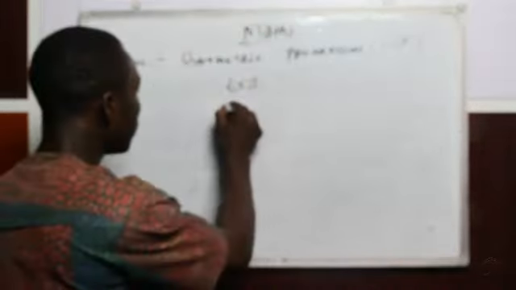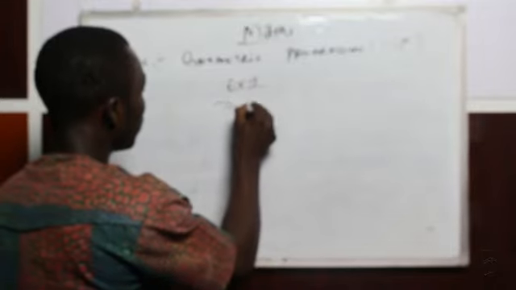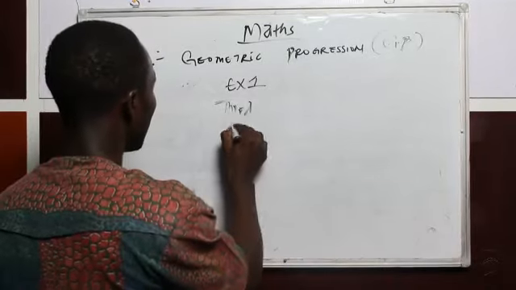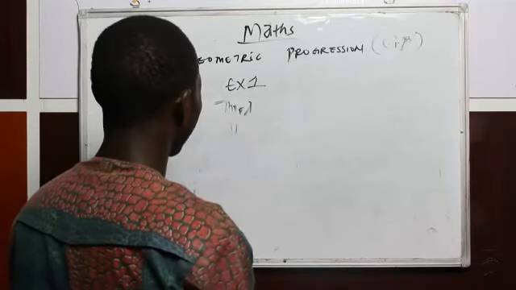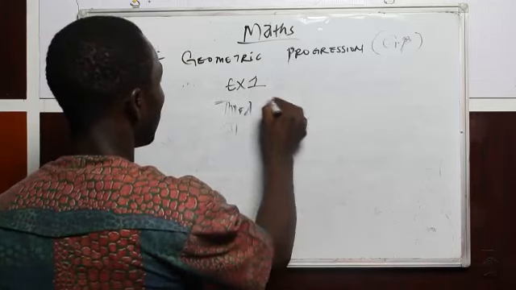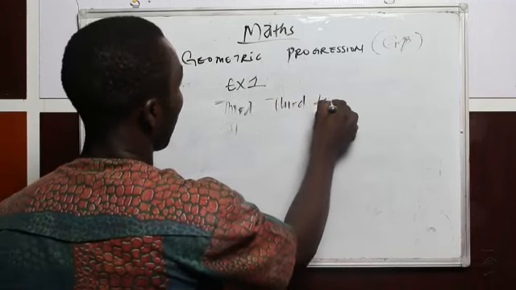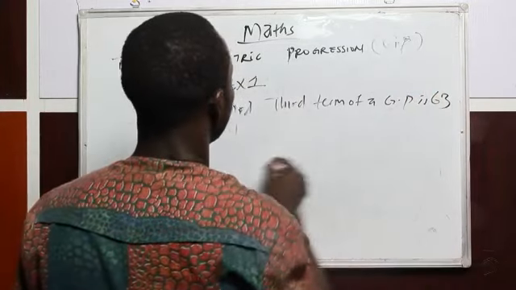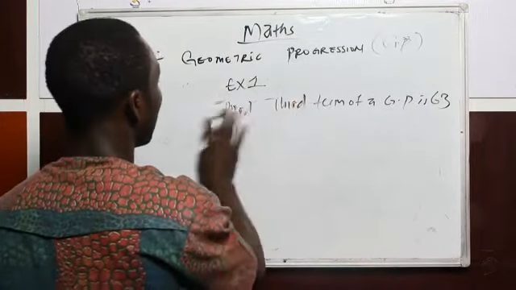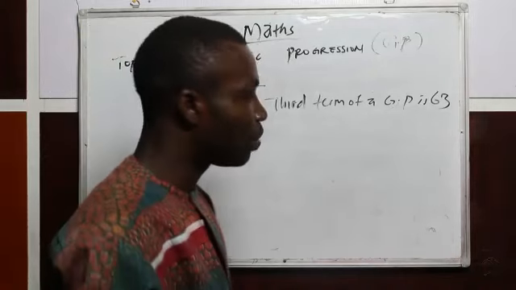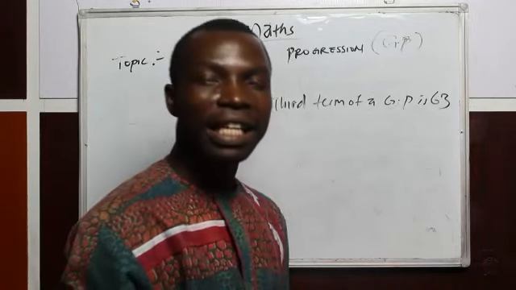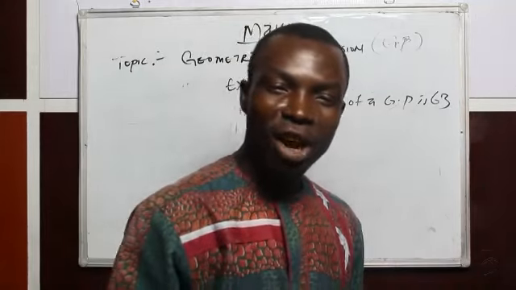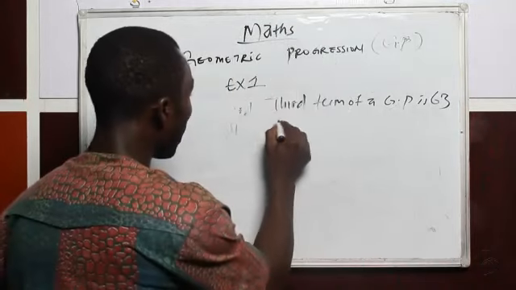The third term of a GP is 63, while its fifth term is 567.